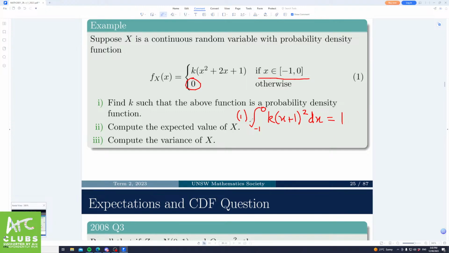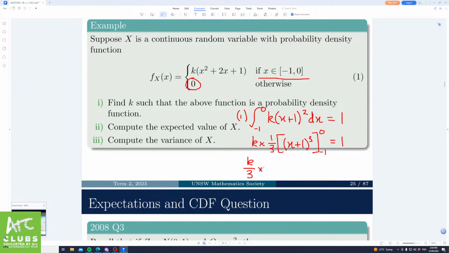I can take the k outside of this integral because I know it's a constant, and if we integrate x plus 1 squared, well, that's simply a third times x plus 1 cubed, evaluated between -1 and 0. And we have k on 3, and then inside these square brackets, if we sub in 0, we get 1 cubed, and if we sub in -1, we get 0 cubed.